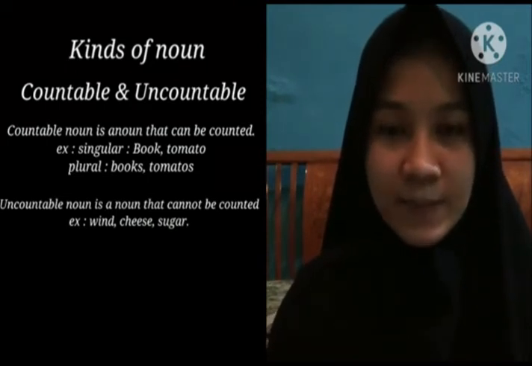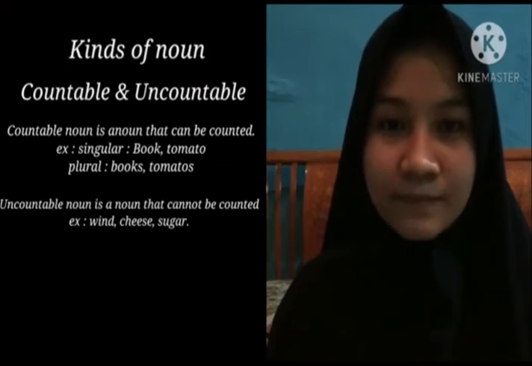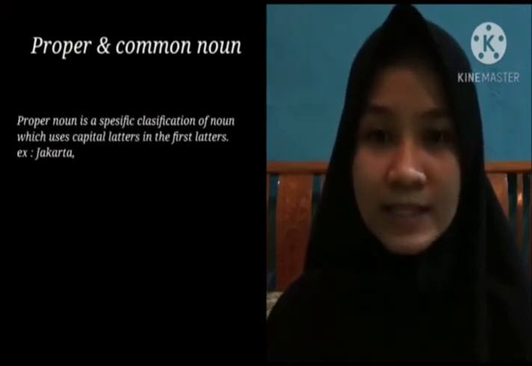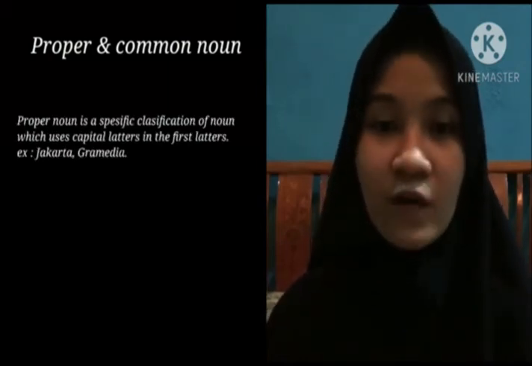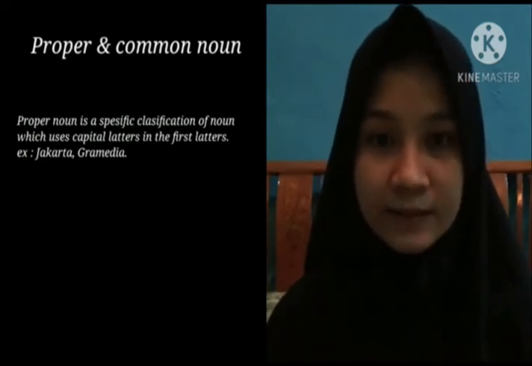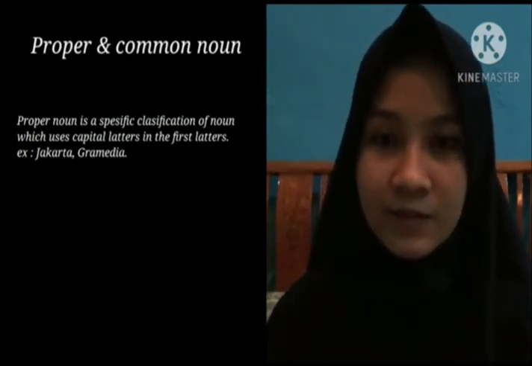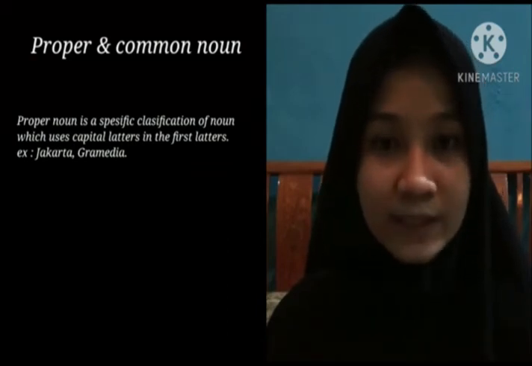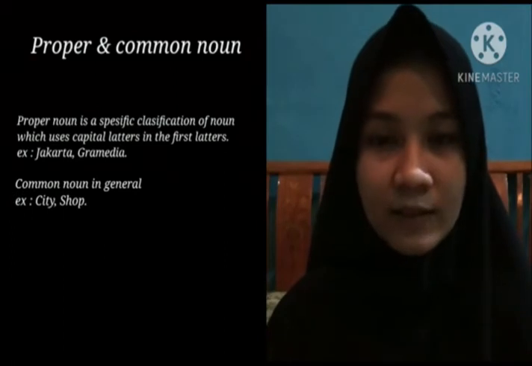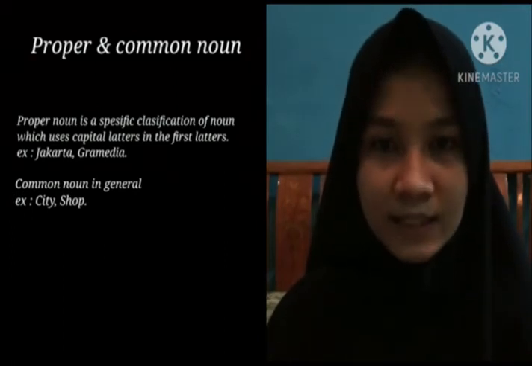For example, wind, sugar, and cheese. The second is proper noun and common noun. A proper noun is a specific classification of nouns which use capital letters in the first letters. The examples are Jakarta and Gramedia. And common nouns are general, for example city and shop.